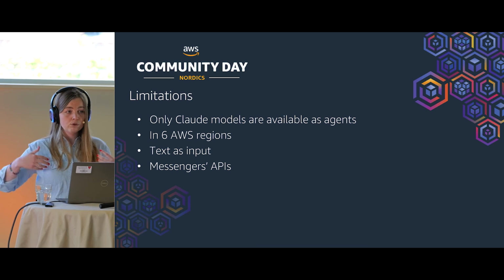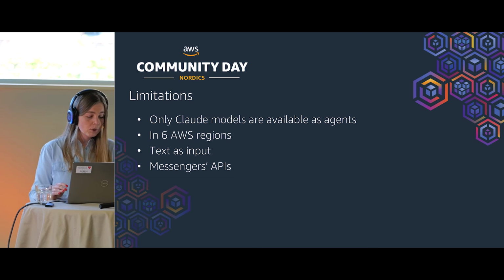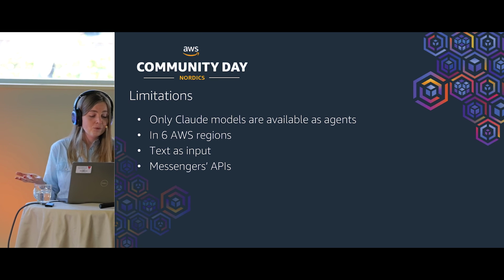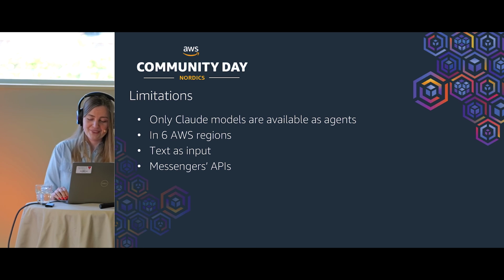But if you want to do it directly, it's not available at the moment. And talking about my project, I wanted to do it, for example, with Meta Messenger or WhatsApp, but Messenger's APIs are tough. Yeah, you cannot just pull messages from there.